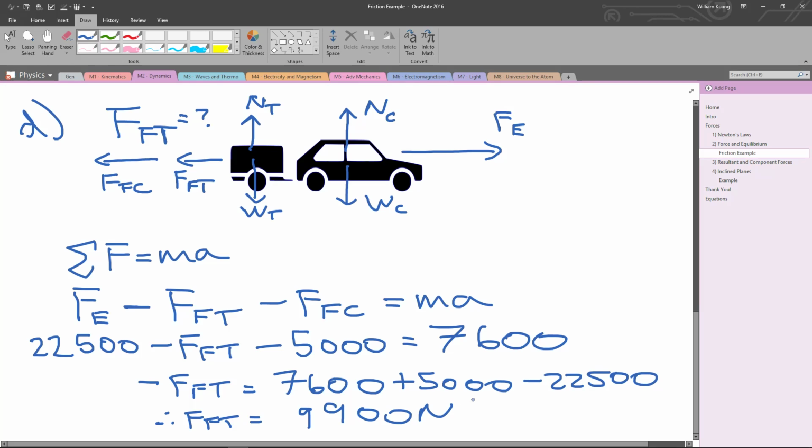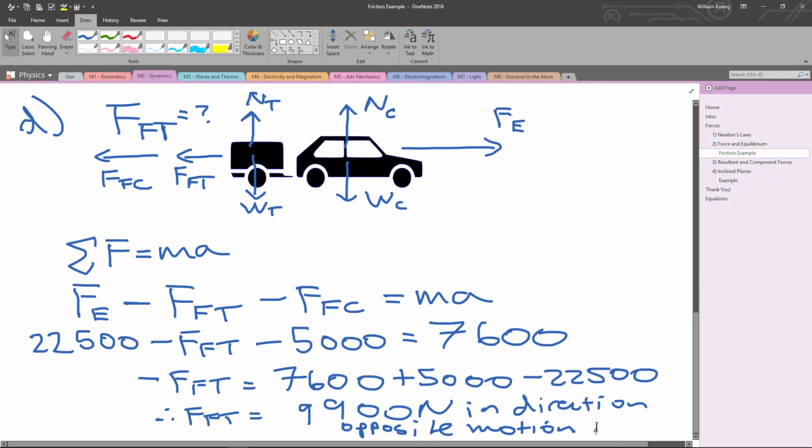And because this is friction, we need to give it direction: in the direction opposite to motion. We give this relative description for the direction because you can't realistically say it's moving to the right, since originally this question did not have a diagram. All right, so that's part D.